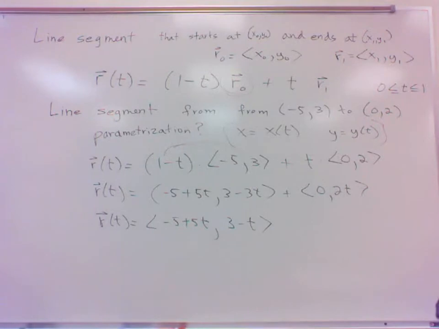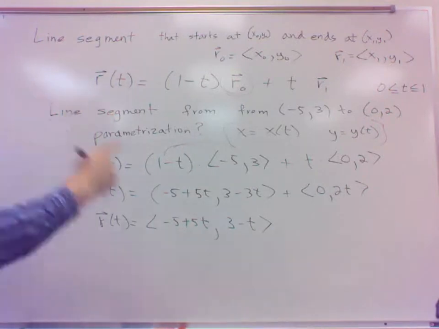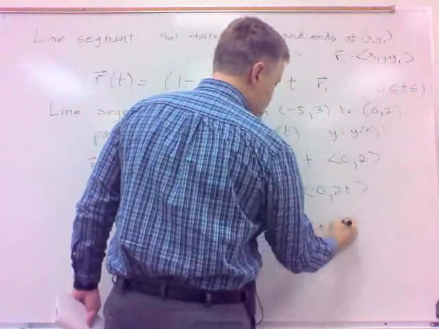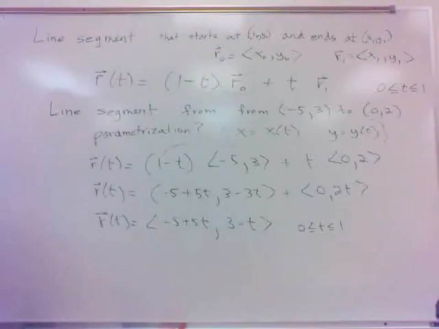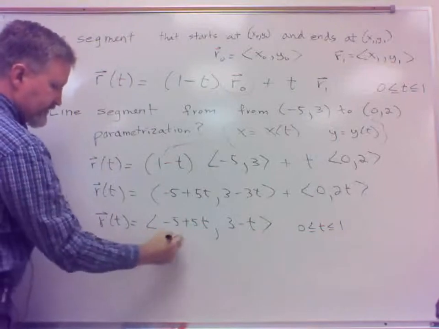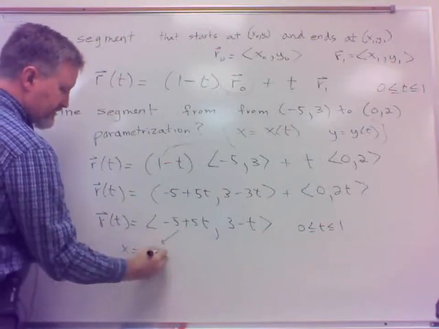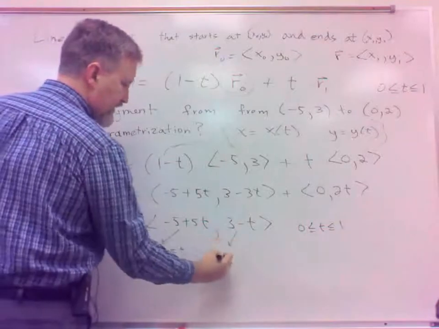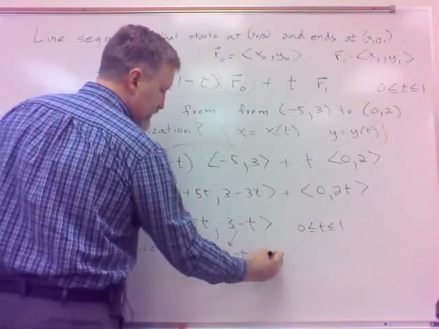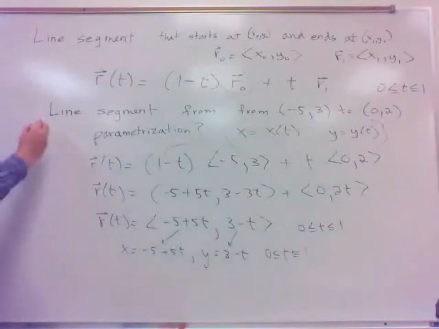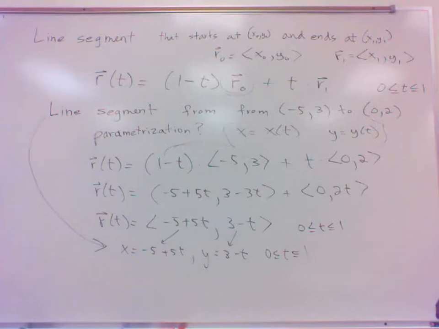And that goes from 0 to 1 in terms of t. And so our parameterization would be x equals negative 5 plus 5t, and y equals 3 minus 3t, from 0 to 1. This would give us that line segment from negative 5, 3 to 0, 2.